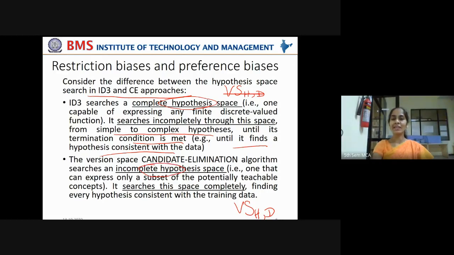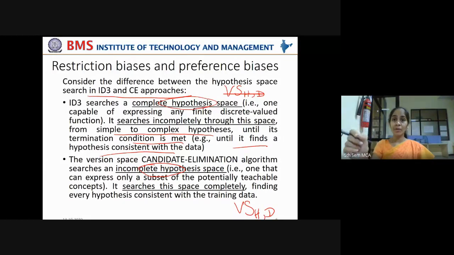Here the hypothesis space was complete, but in the candidate elimination algorithm, it searches through an incomplete hypothesis space, one that can express only a subset of the potentially teachable hypotheses or potentially teachable concepts, right? So the hypothesis space is incomplete.